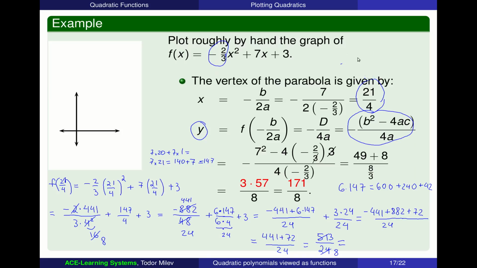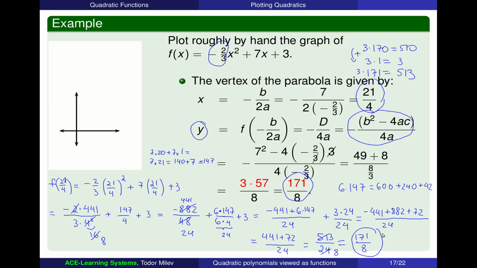Okay, so alternatively, you know that 3 times 170 is 510, and 3 times 1 is 3, so when you add the 2, you get that 3 times 171 is equal to 513. So we get 171 over 8, which is exactly the same number that we see here.